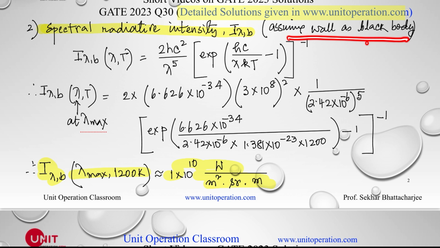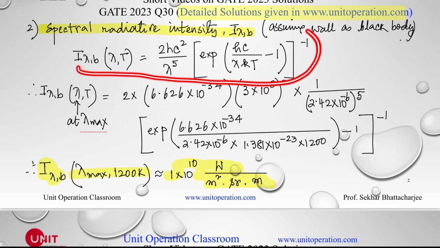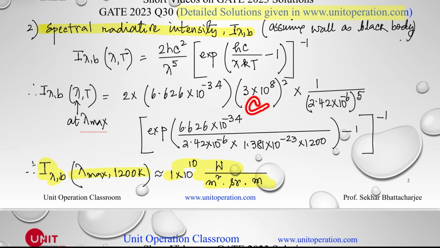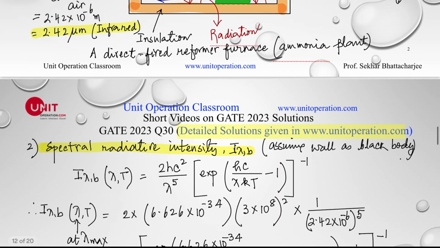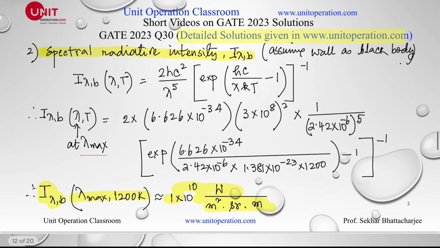Assuming the wall is a black body, very big compared to the tubes, this is given by Planck's law, with h, c, the lambda we have just calculated, and the Boltzmann constant k and temperature T in the exponent, minus 1. This came out to be around 10 to the 10, approximately, at 1200 Kelvin.